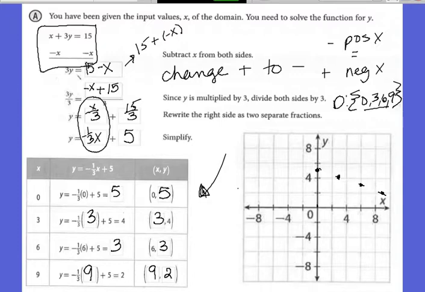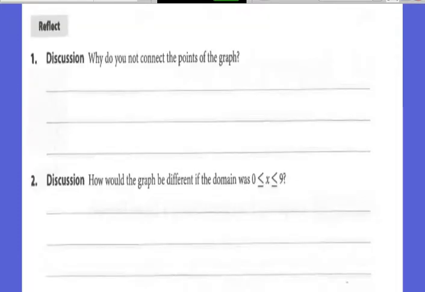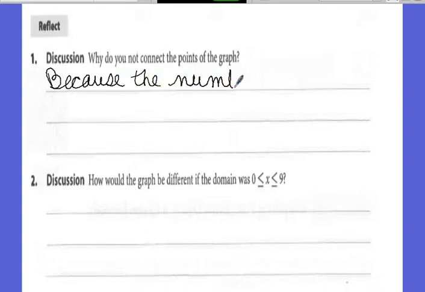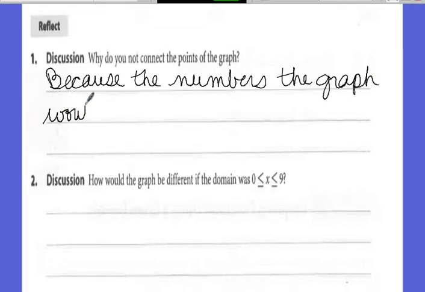All right, so moving right along, this is actually going to lead right into our reflection and discussion. So again, why do you not connect the points on the graph? Because the numbers the graph would include were not a part of the given domain.